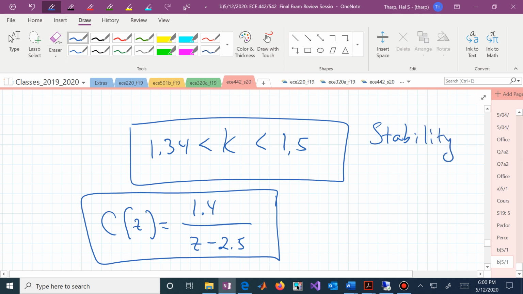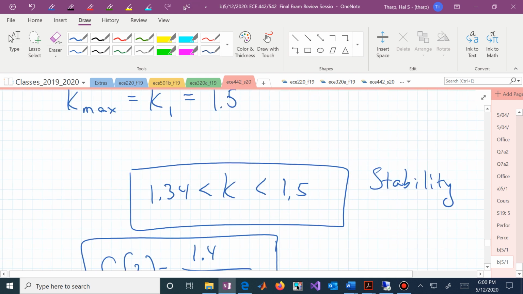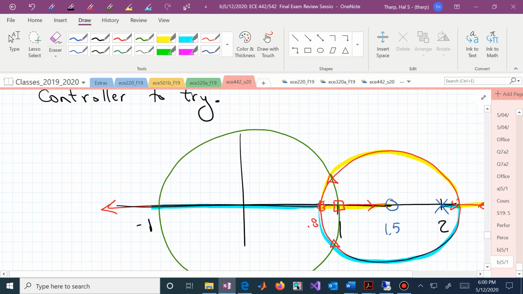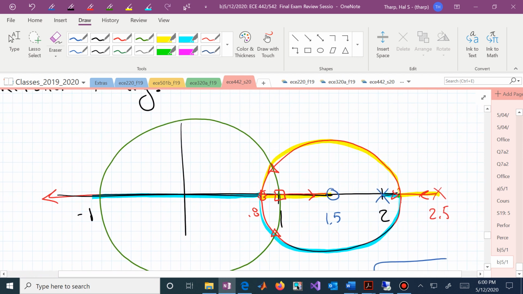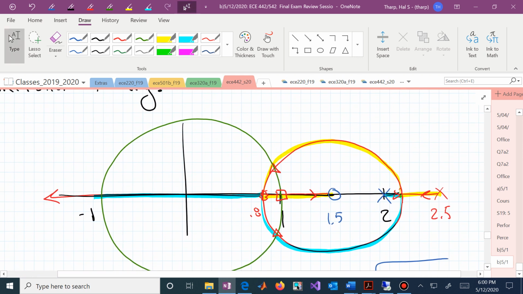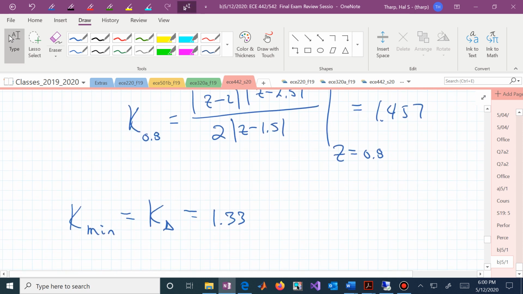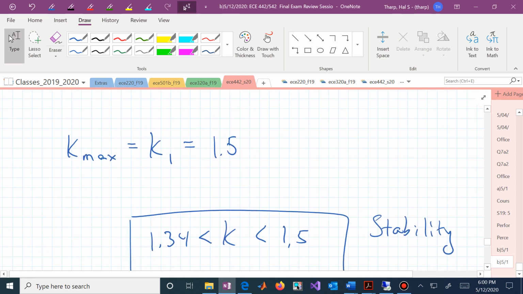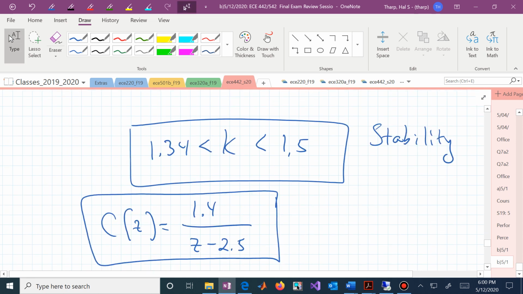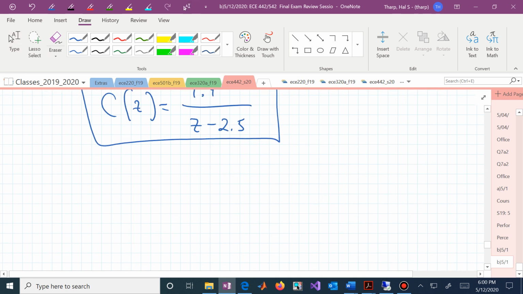We didn't even need a 0, but what did we do? Here's that story where we have two bads make a good. We had an unstable plant, we introduced an unstable controller, and we cranked up the gain to this Goldilocks value of 1.4, whatever I did, and voila, we have a closed loop system that is stable.